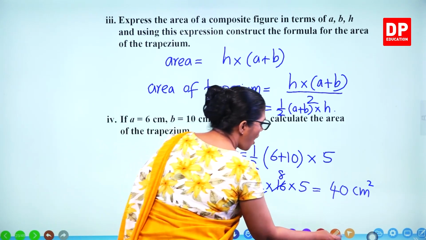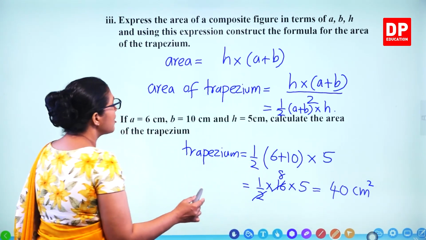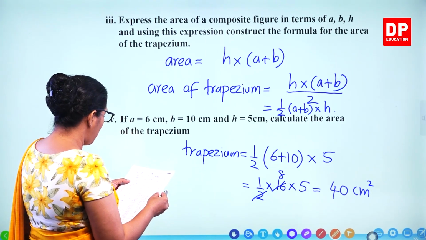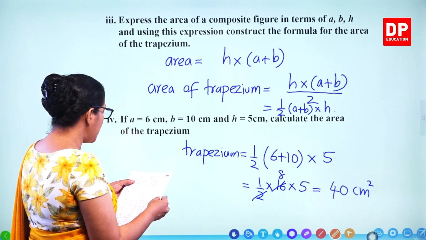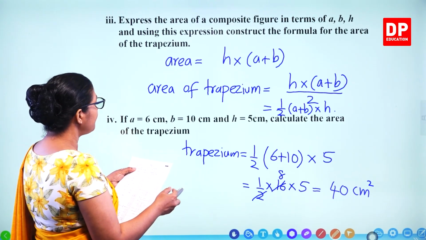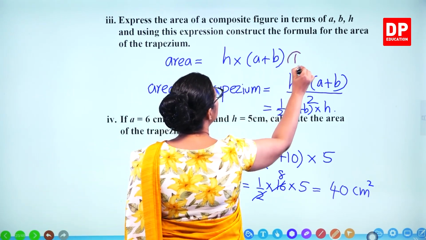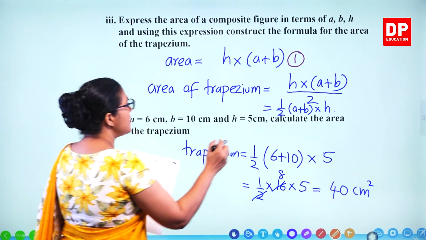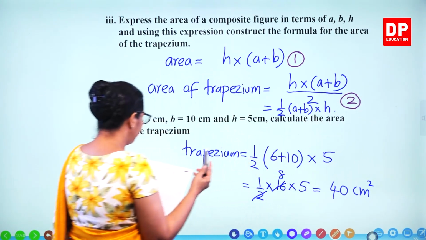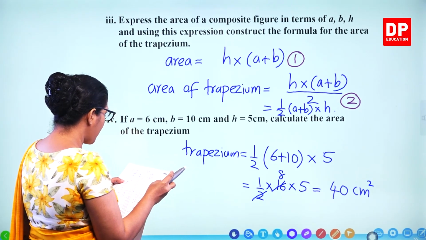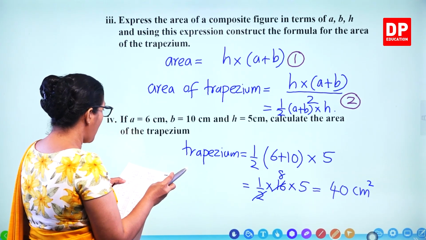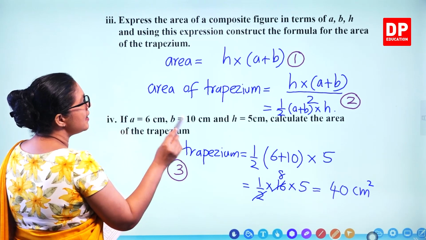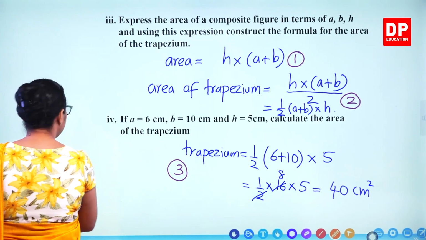So let's see how many marks for these 4 parts. According to the marking scheme, you get 1 mark for writing down the area of the parallelogram, and writing down the area of the trapezium, 2 marks. And then plugging the values into this formula and getting 40, you get 3 marks there. 3 and here 3, 6.